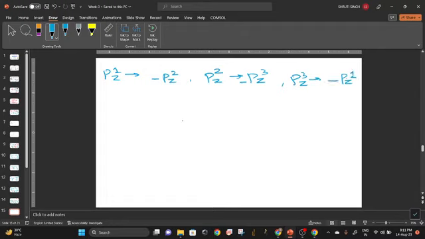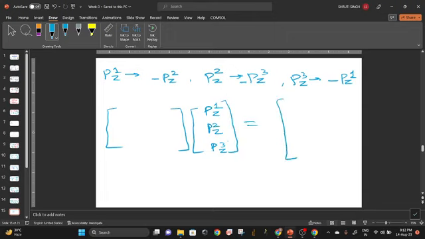Okay, so the matrix will be... I am writing the original, this is the basis. Whatever is written on the left hand side, this is the basis, and after transformation, pz1 became pz2, so this is minus pz2. pz2 became pz3, and pz3 became pz1, so minus pz1.